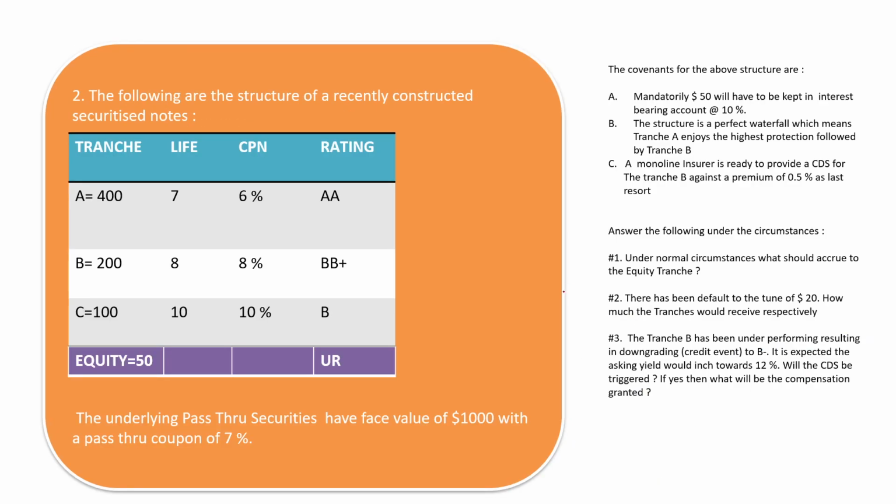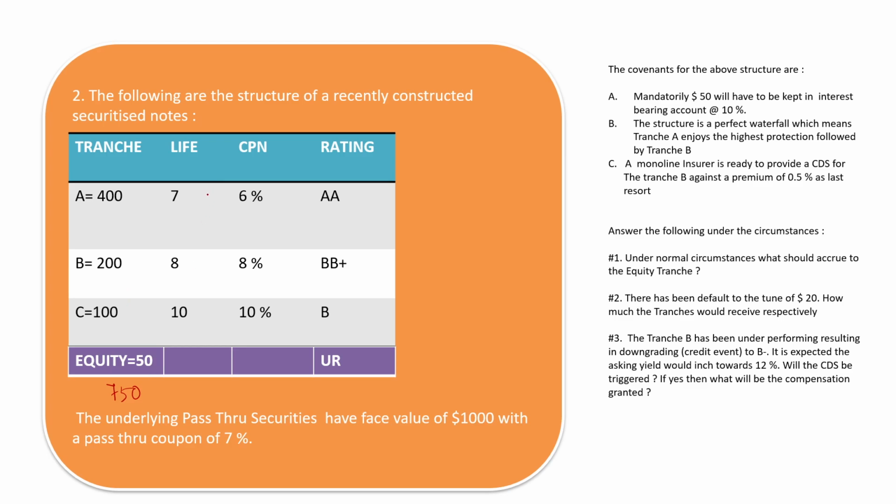We take another example, and I think this should again elucidate the whole concept much better. So here we have 3 tranches, and the face value of these tranches all put together is 750: 400, 200, 100.